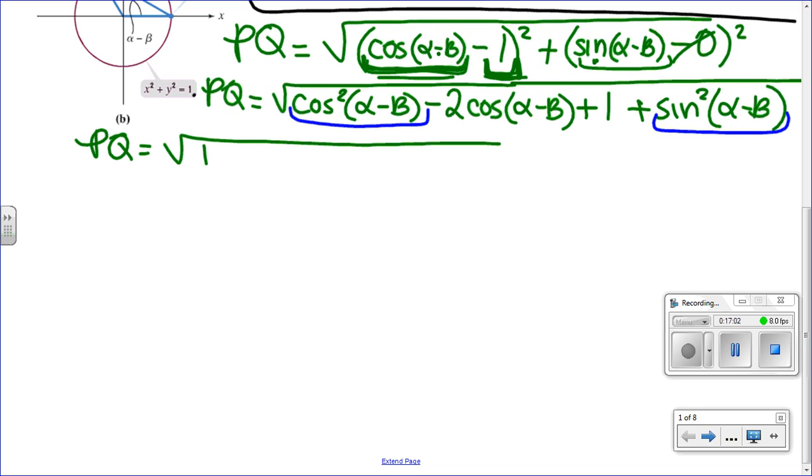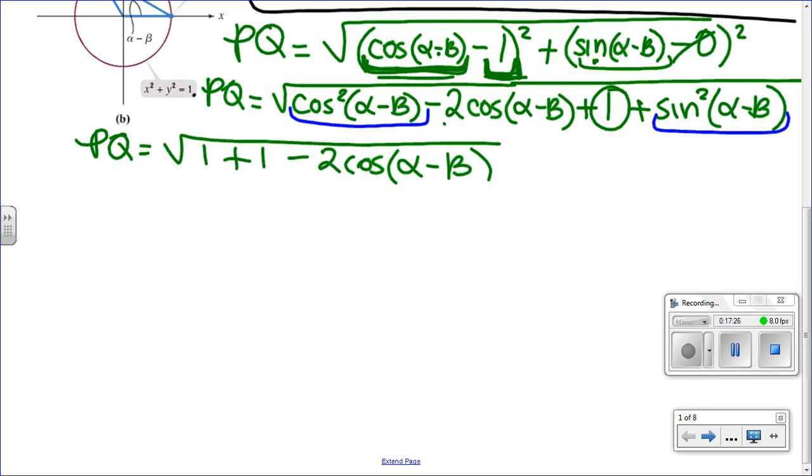Let's get back to this one here. So we had a 1, and then there's another 1 here. You guys see it? So 1 plus 1, and then -2 cosine of all of that. I just wrote 1 plus 1. That's all.